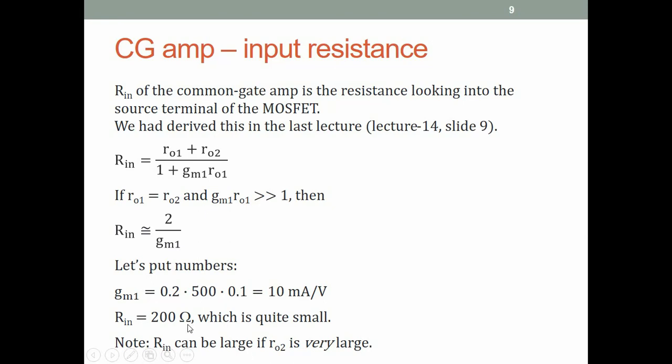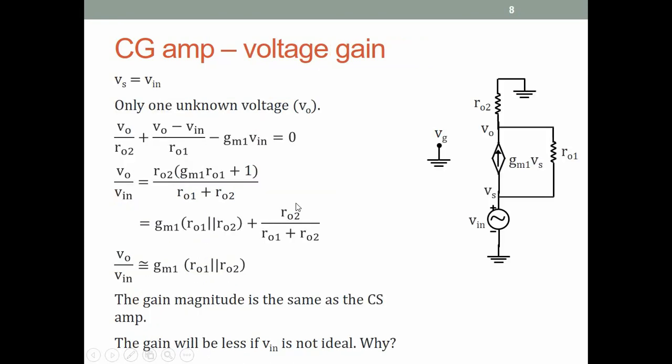Now 200 ohms is not a very large number for the input resistance of an amplifier, right? Therefore, the common gate amplifier really does not make a good voltage amplifier. Also, I make a note here that Rin can be large. Here our circuit had ro2, which was the ro of a PMOS, which is typically of the same order as the ro of an NMOS for the same current.